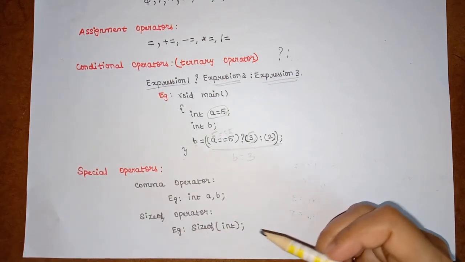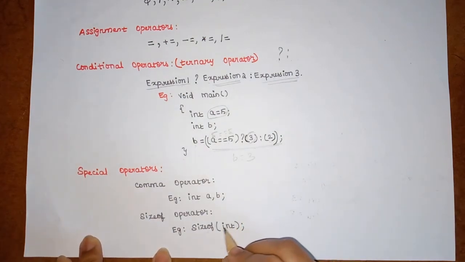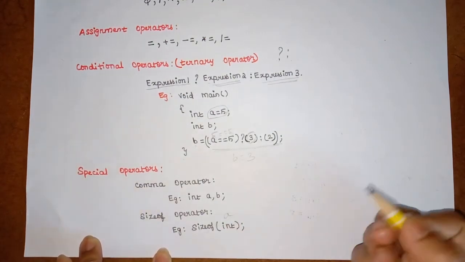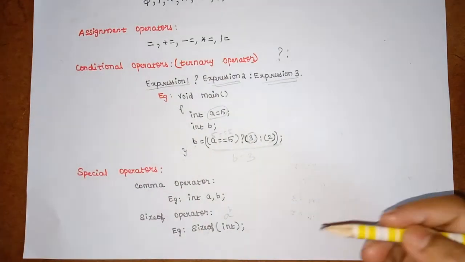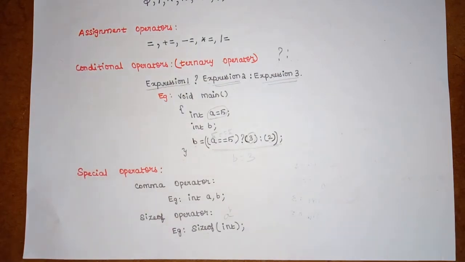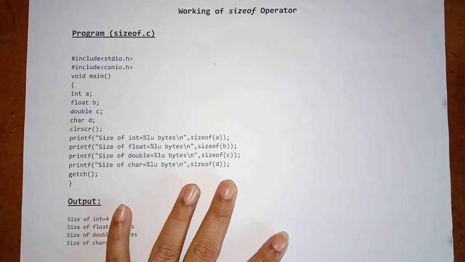If you want the size of a variable, instead of int you can give sizeof a or sizeof b. It gives you the size of the particular term you use inside the brackets. We'll see one example for that.